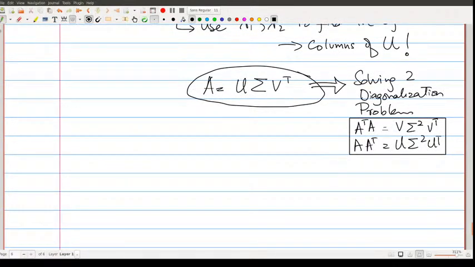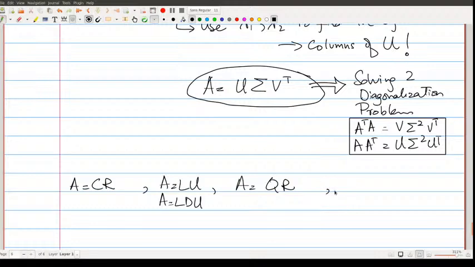And one thing that I would like to do is write down all the factorizations that we've done. So we did A equals CR, we did A equals LU, well, this was the same as LDU as well. We did QR decomposition, we did A equals X D X inverse.